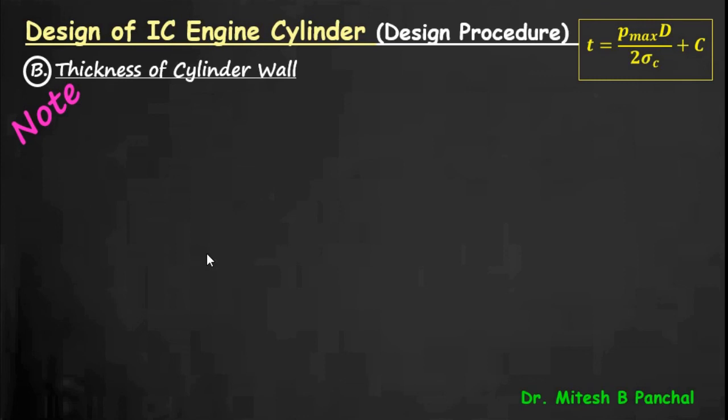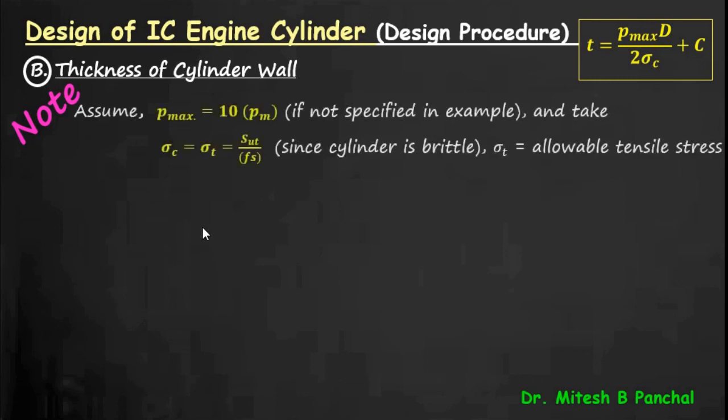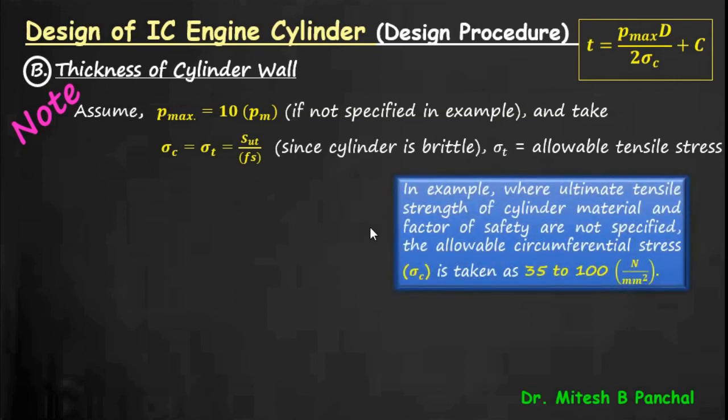So here you have to make certain notes, that is you have to assume Pmax equals 10 times Pmin if it is not specified in the example. This you have to remember: Pmax equals 10 times Pmin, and sigma c, that is nothing but the hoop stress, equal to tensile stress, that is ultimate tensile strength divided by factor of safety, since the cylinder is a brittle one.